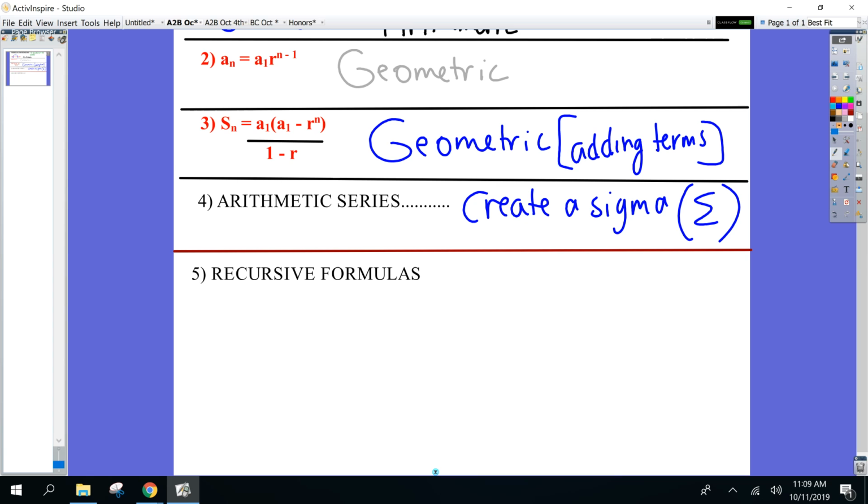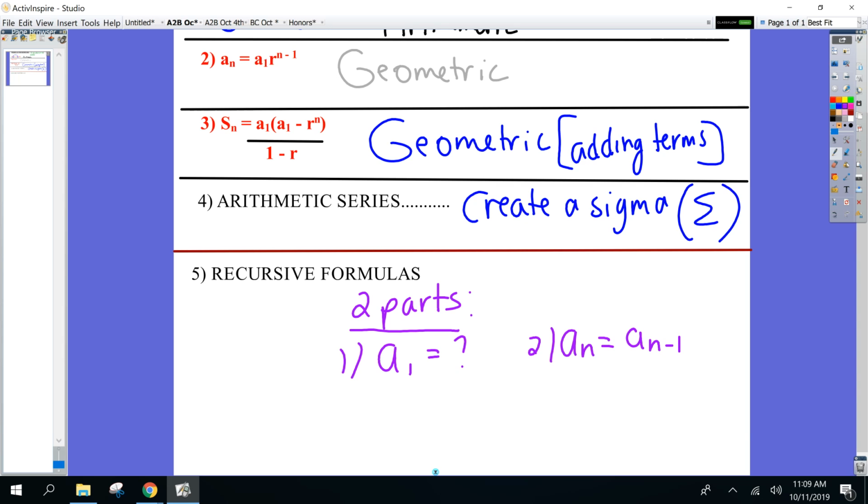And a recursive formula. It's got to come in two parts. And some of you guys totally forgot about a recursive or only gave me one out of the two parts. First part, you need to tell me first term equals whatever it equals. Second thing you need to give me is using the previous term, what do you do?